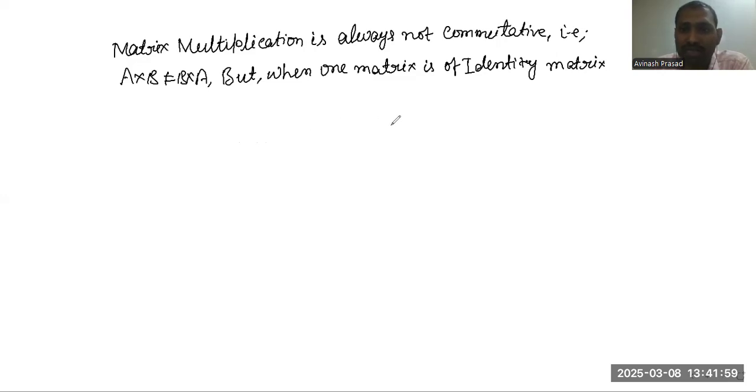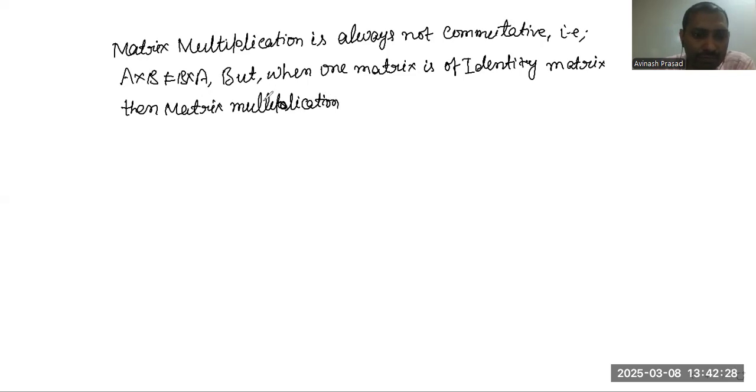So if one matrix is an identity matrix, then matrix multiplication will be commutative.